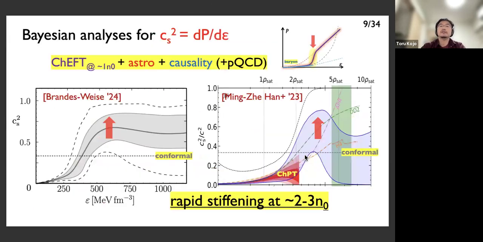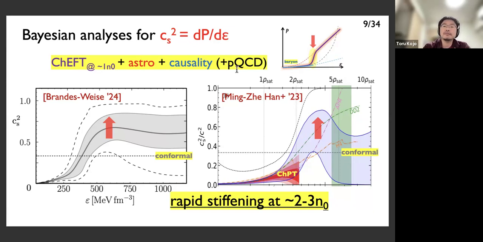Let me briefly mention that this kind of rapid stiffening has also been indicated by various statistical inference methods, like Bayesian or deep learning methods, on the sound velocity squared, which is dP/dε. Those statistical analyses utilize as a prior the information from chiral EFT, astrophysical constraints, causality, and also perturbative QCD constraints at high density.